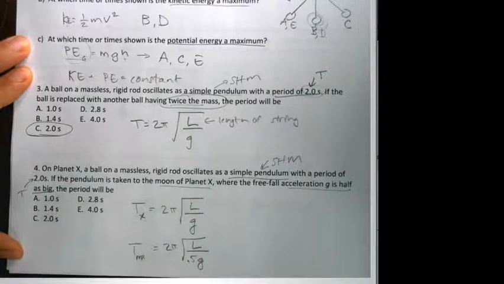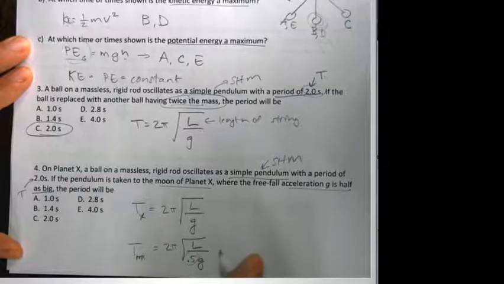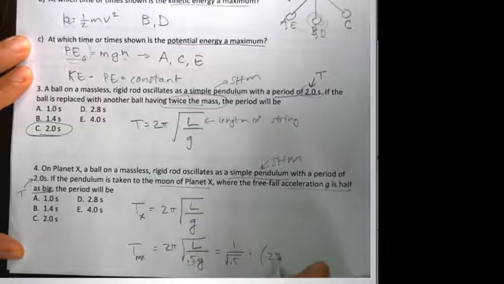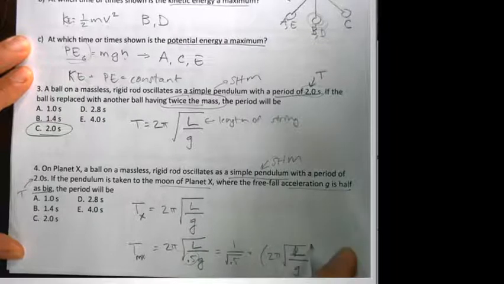I'll do it first using letters, and then I'll step through how we would use numbers on this. So I have a 0.5 in the denominator and underneath the radical that I can pull out of this. So what this is going to be is 1 over the square root of 0.5 times 2 pi square root of L over g, like that.